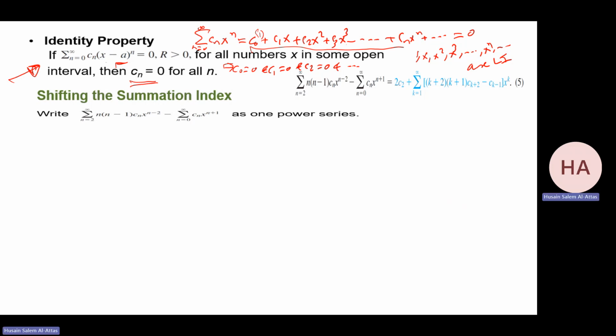One of the things which we need is how to deal with the summation index. Also, if the power is different and the summation index is different, how do we make it into one power series?